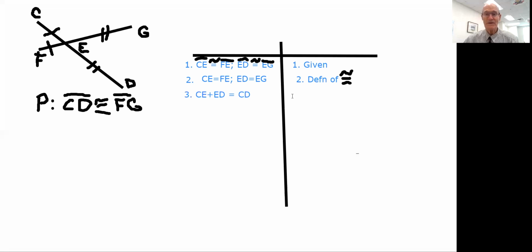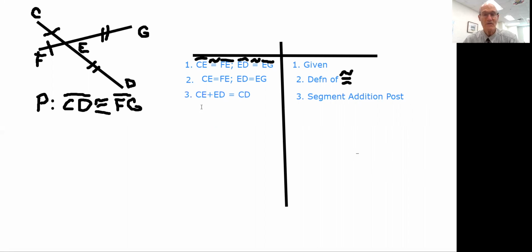And that's the segment addition postulate, which says that a whole is equal to the sum of its parts.